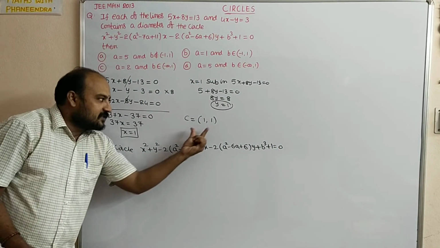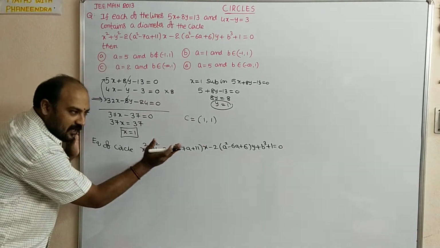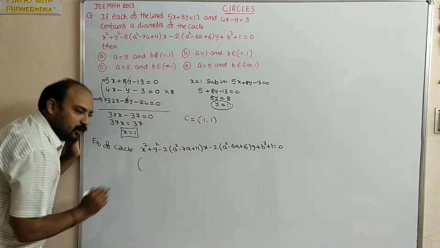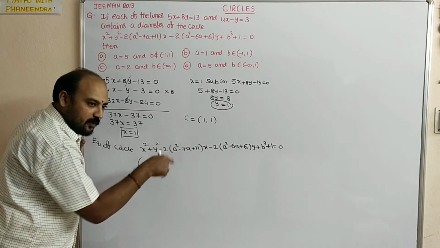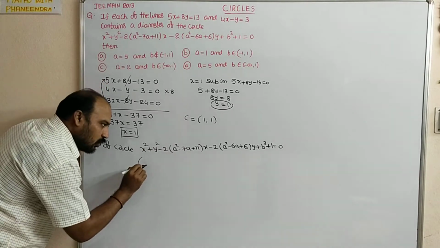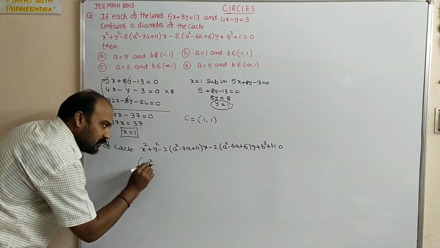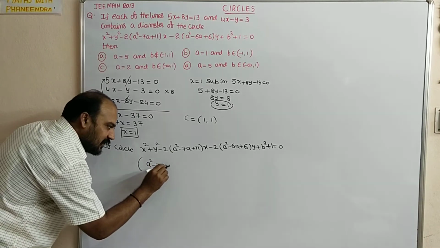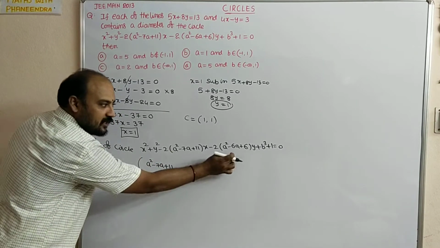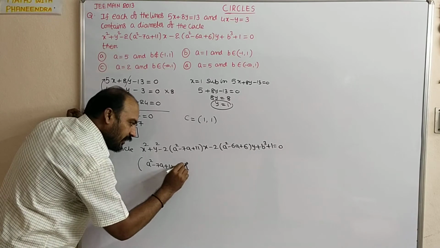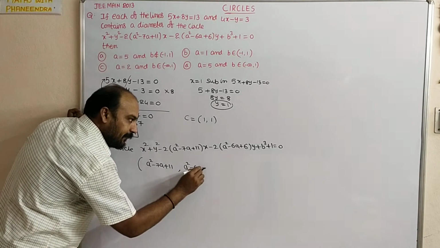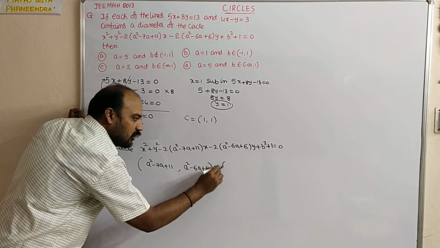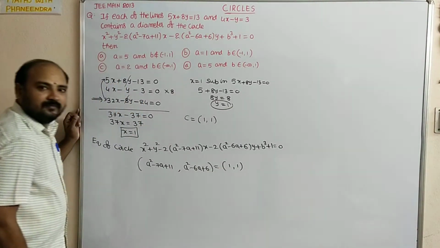The center of this circle is (1, 1). What is the center? Minus x coefficient by 2, and minus y coefficient by 2. So a square minus 7a plus 11 and a square minus 6a plus 6 is equal to (1, 1).